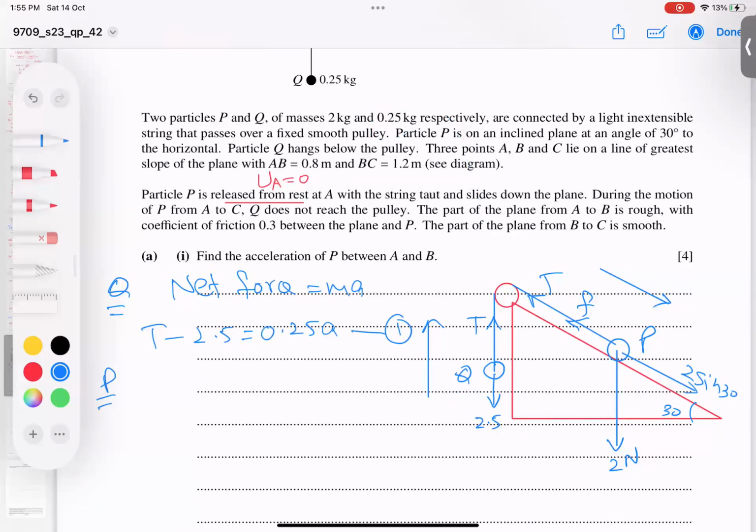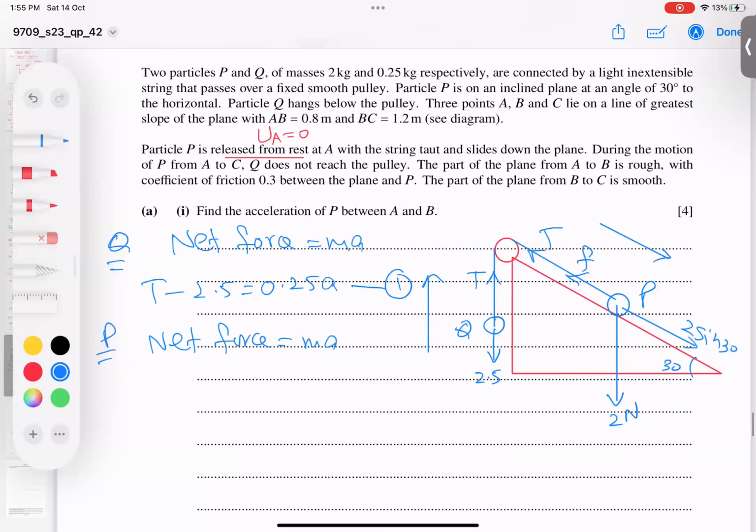Let's talk about the P particle. Because the motion is downwards, I start my formula here. Again the same formula, net force equals MA. I can say 2 sine 30 minus friction minus tension equals MA, and the mass is 0.25, A as it is.